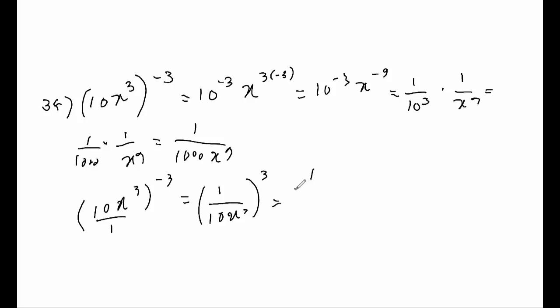So 1 to the third is just 1, 10 to the third, x to the 3 times 3. So here again, I'll get 1000 x to the 9th. So again, either way you look at it, you'll still be using the negative quotient rules, and you'll get the same answer.